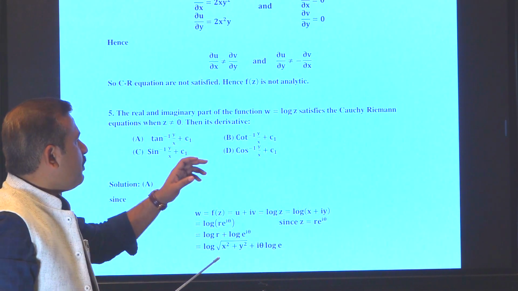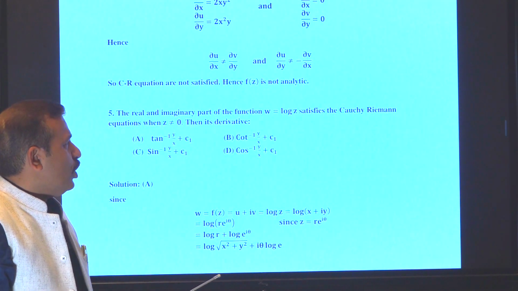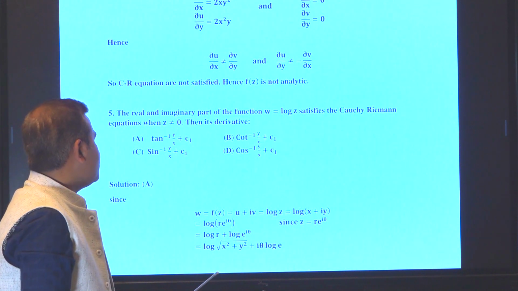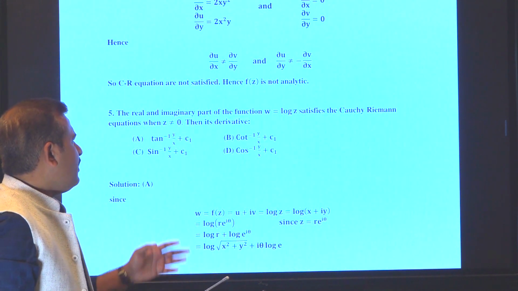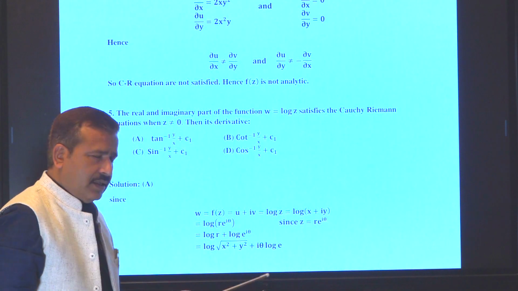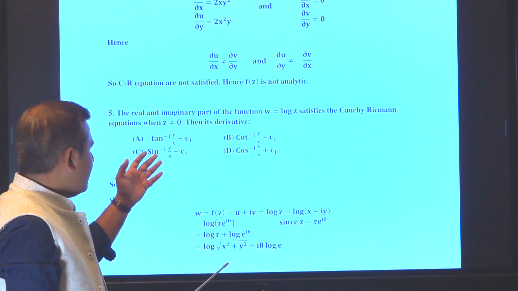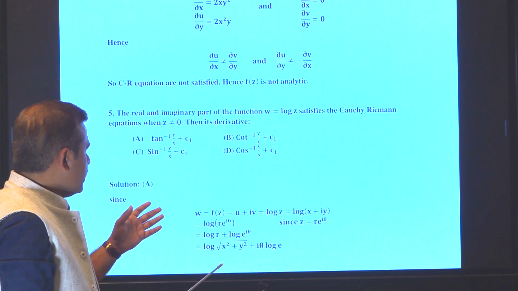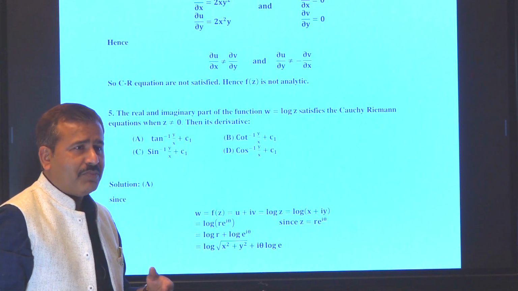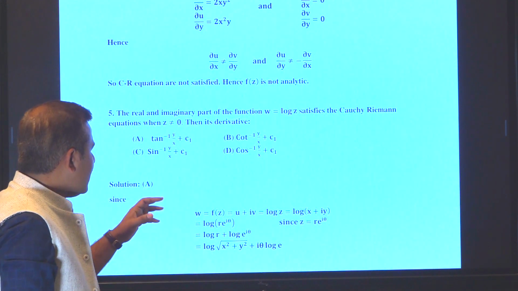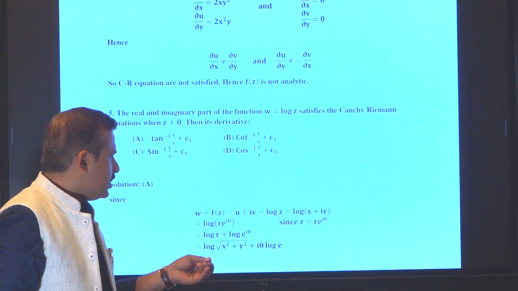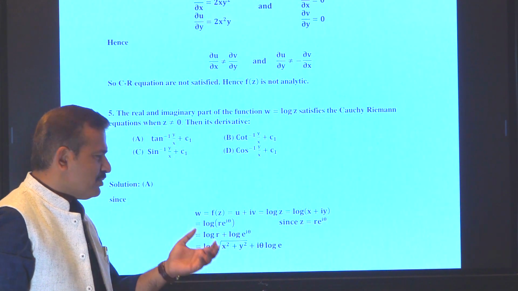The real and imaginary part of the function w equal to log z satisfy the CR equations when z is not equal to 0, and find its derivative. Friends, because the options are here in terms of the polar form, that's why we just have to convert the complex function in terms of the polar form.